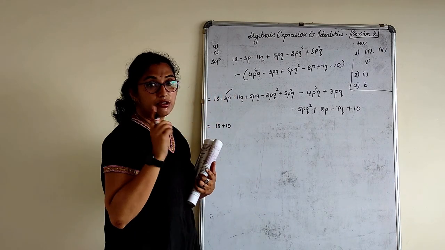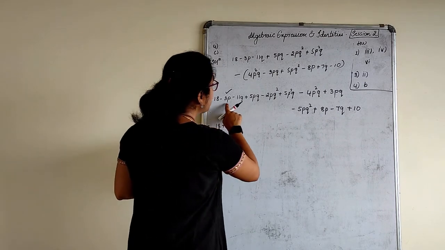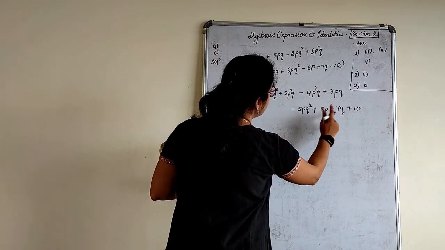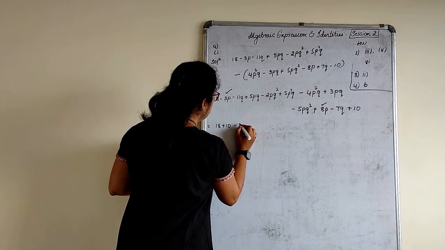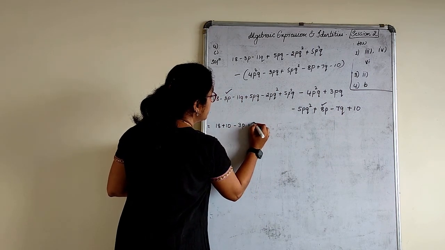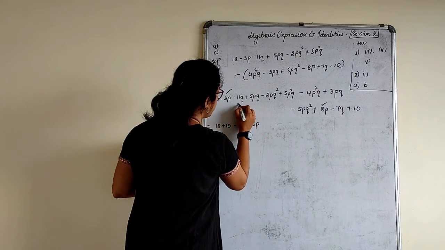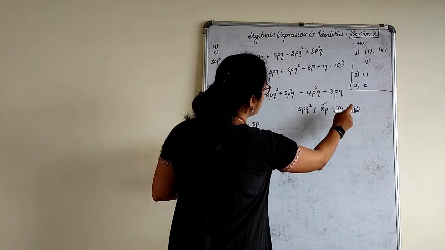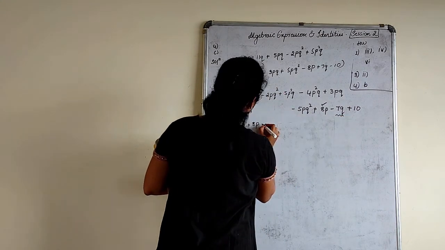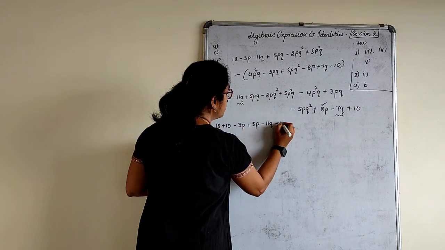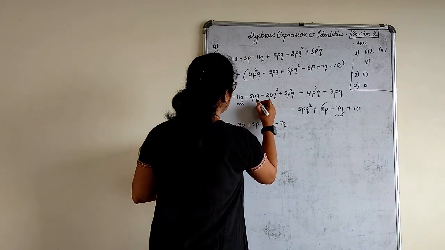Always try to tick so that you will not go wrong anywhere. 3p, see, where do we have the p terms? 8p. Minus 3p plus 8p over. 11q and 7q: minus 11q minus 7q.